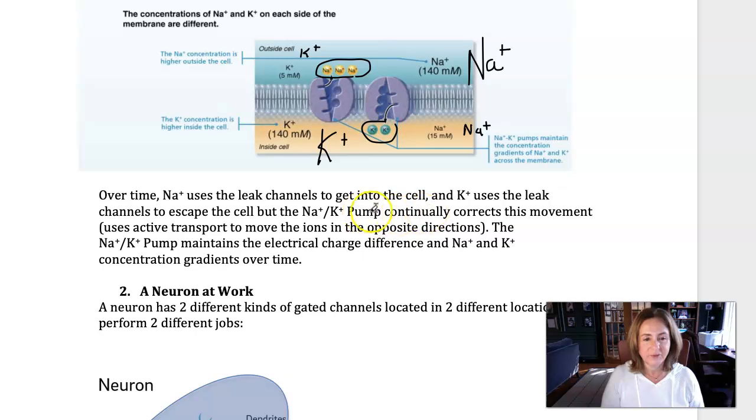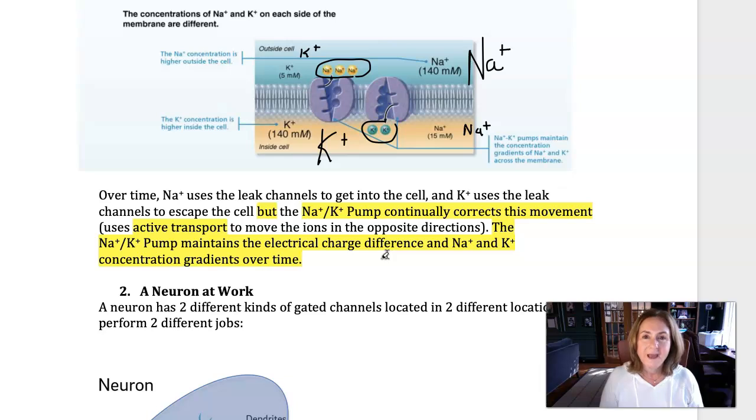Potassium uses the leak channels to escape the cell, but that sodium-potassium pump will continually correct this movement. It's going to use active transport to move those ions in the opposite direction that they're leaking. So it's the sodium-potassium pump that's going to maintain this concentration gradient and this electrical charge difference, the negative 70 millivolts, the resting membrane potential, over time.